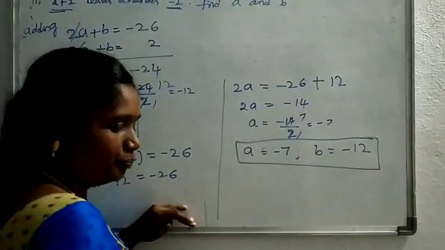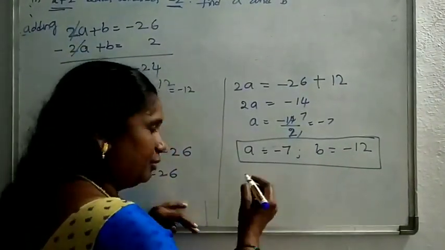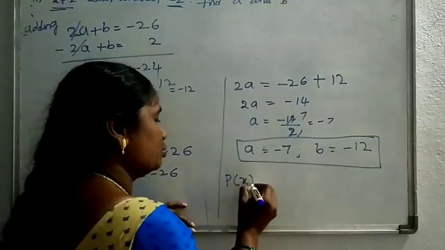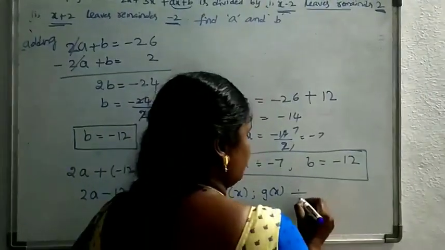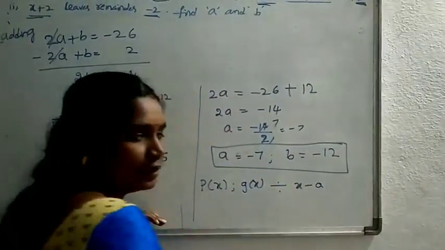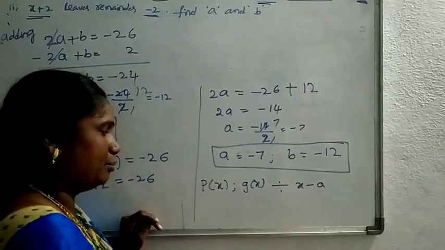You have a problem where two polynomials p of x and g of x are given. When divided by x minus a, they leave the same remainder.